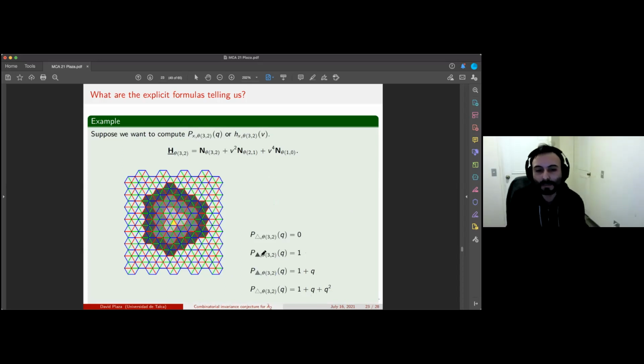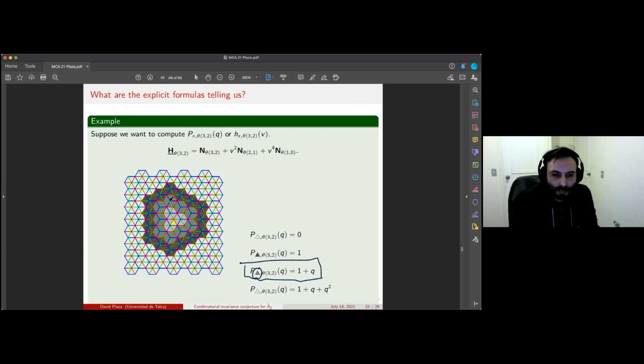And it depends on the location of x in this picture. For instance, if we consider a triangle of this color, this means a triangle in this region. And the Kazhdan-Lusztig polynomial associated to any triangle in this region is equal to 1 plus q.